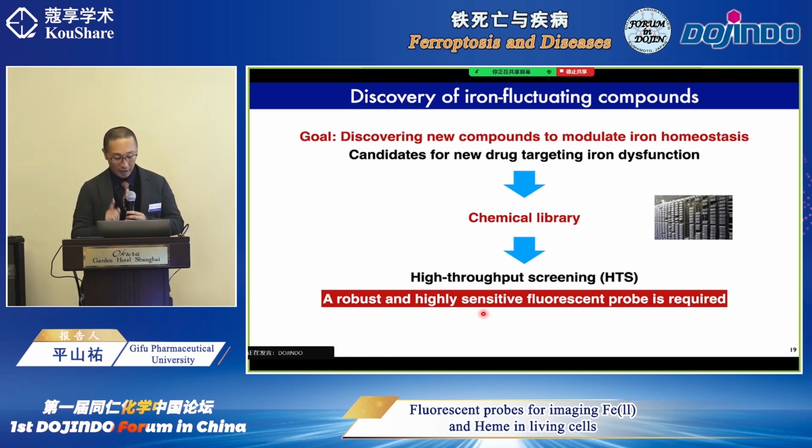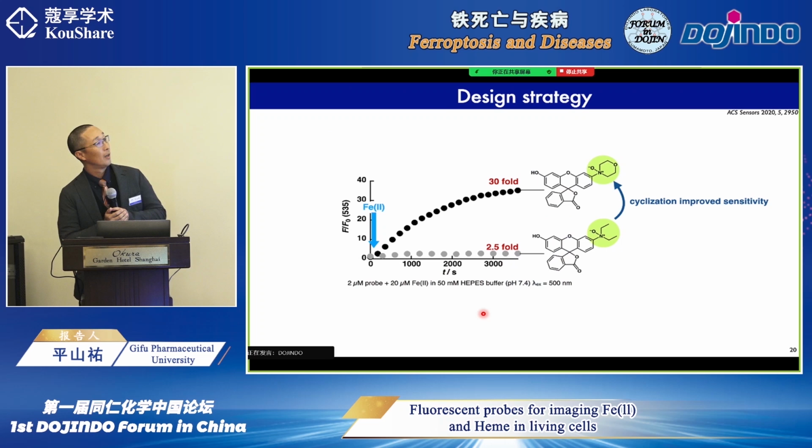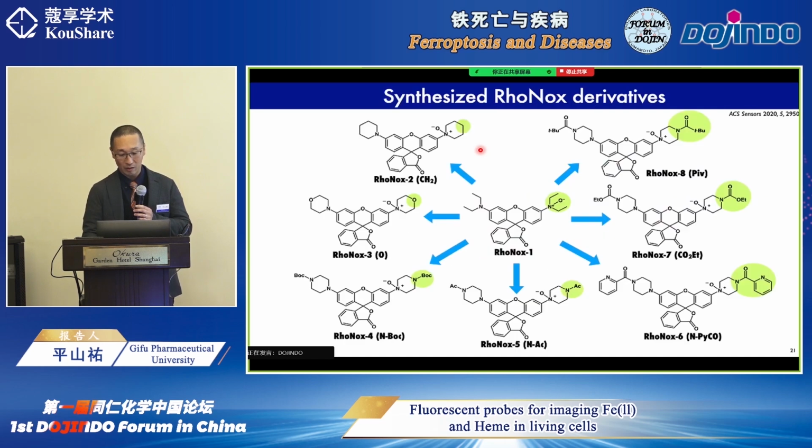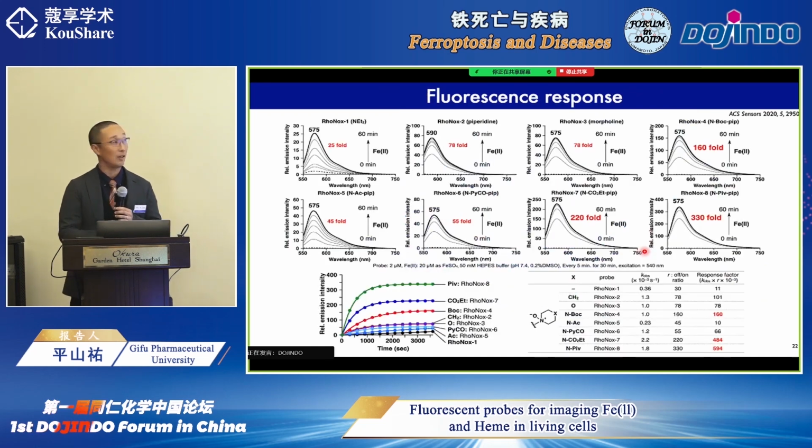The enhancement of the sensitivity is the first hurdle to clear. To enhance the sensitivity, we knew that the cyclization of the N-oxide domain, like this compound, can enhance the sensitivity, and we designed and synthesized 7 new compounds having a cyclic amine N-oxide platform, RONOX2 to RONOX8, and evaluated their responsiveness to ferrous ion.